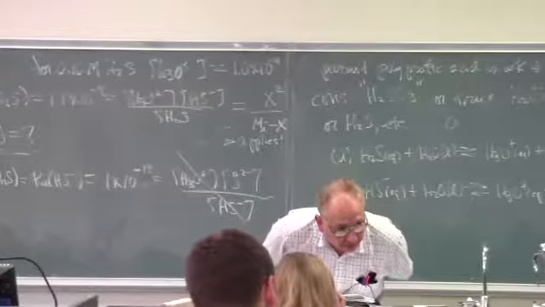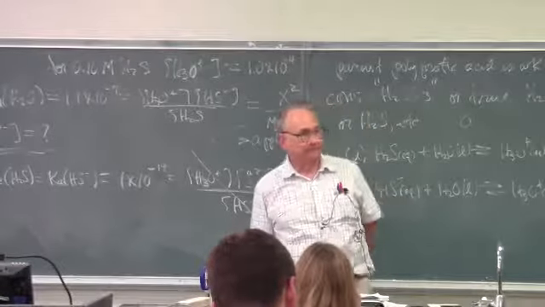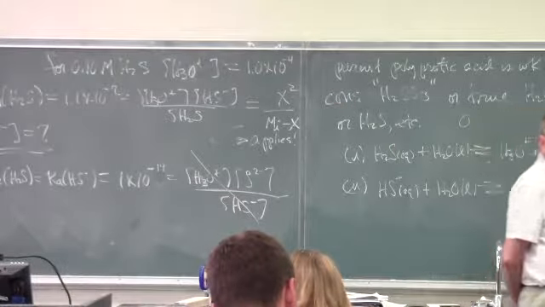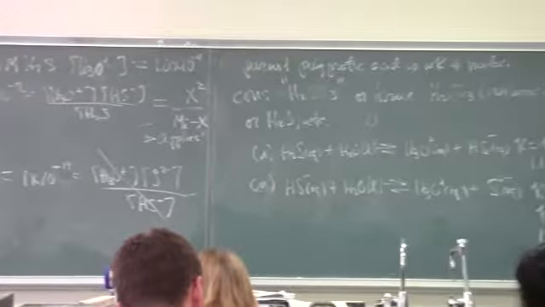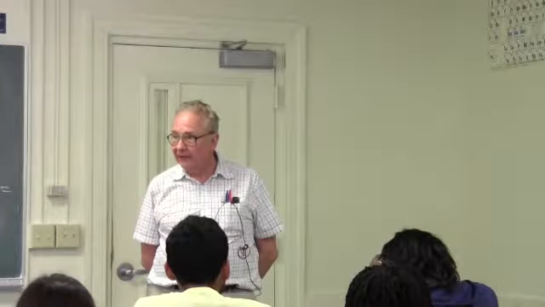For these solutions, what's the carbonate ion molarity? Now I want the value. After all, I just wrote the value on the board. It's 4.8 times 10 to the minus 11, isn't it?